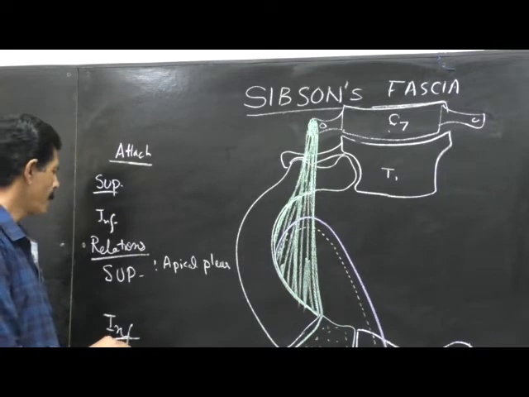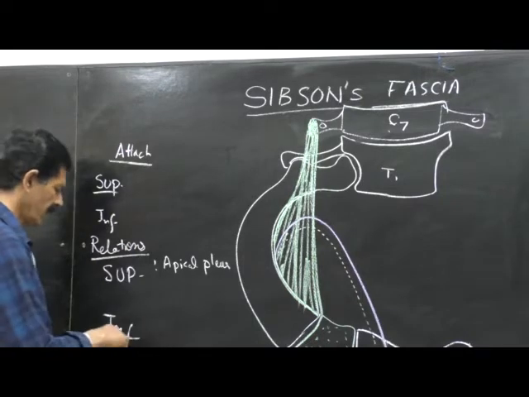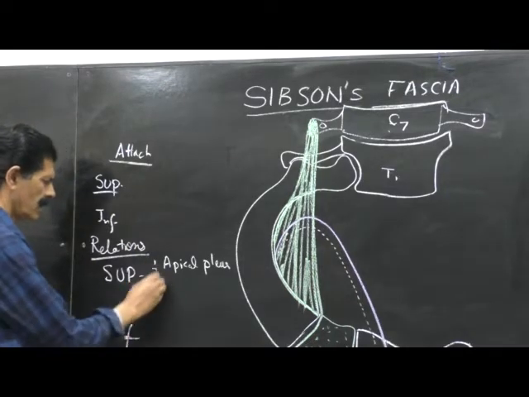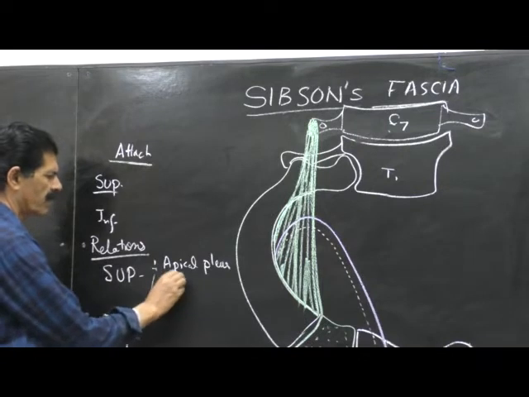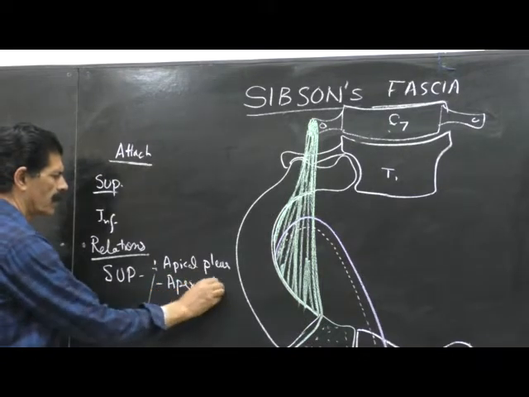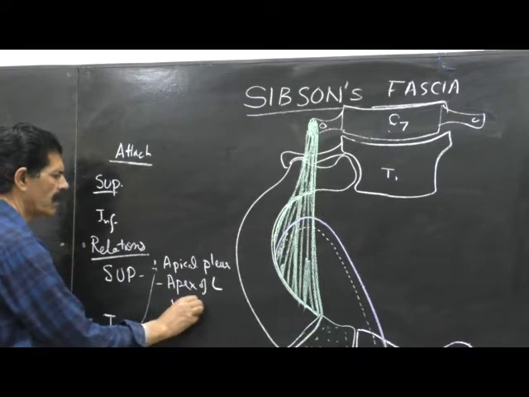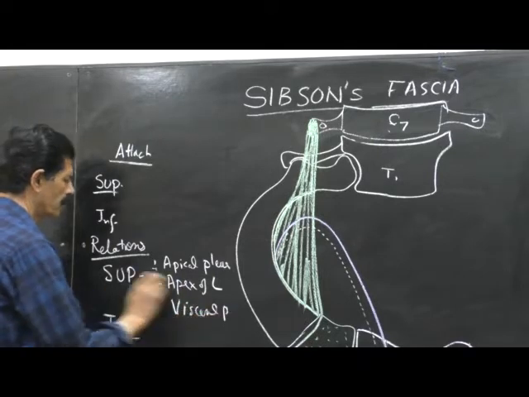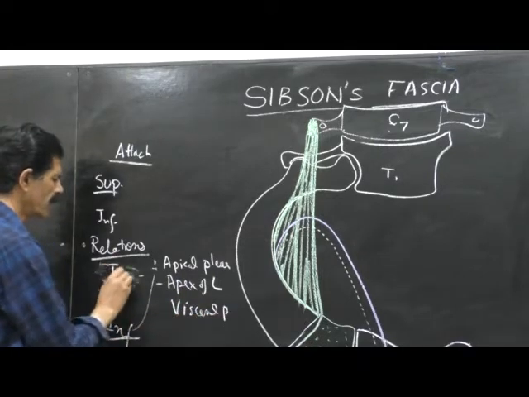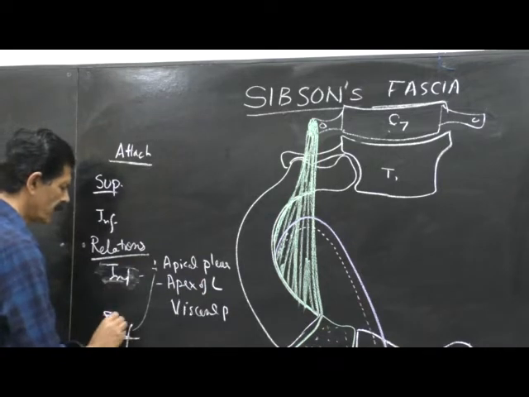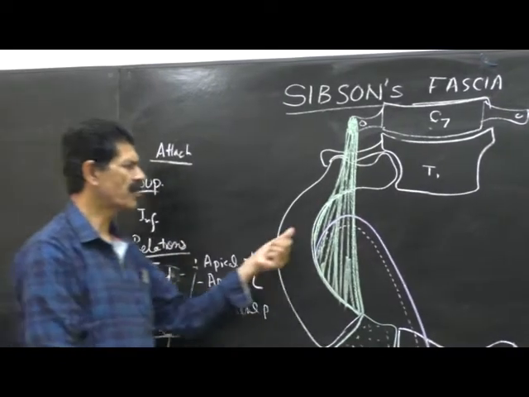Then these are the inferior relations: apex of the lung, covered by the visceral pleura. Now the superior relations. What lies above it?